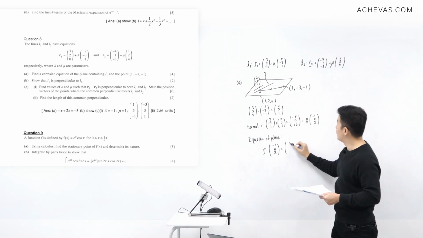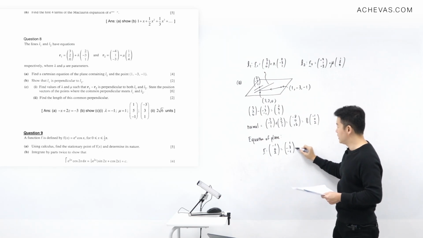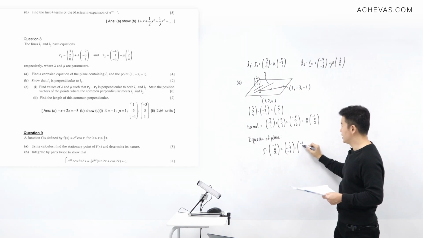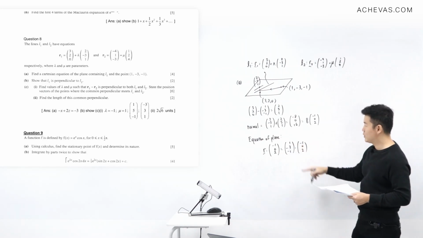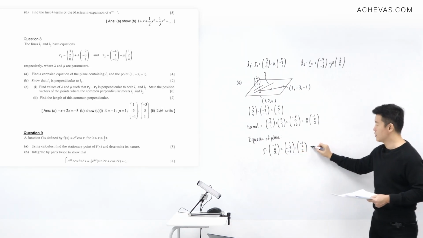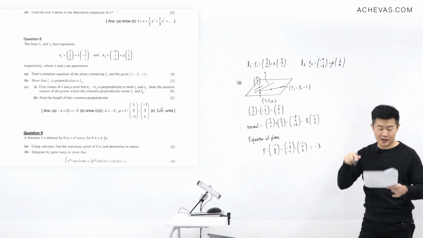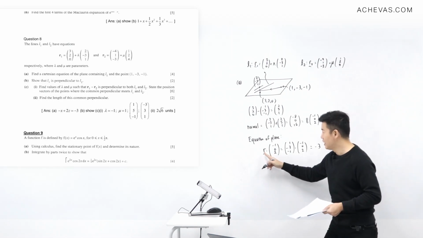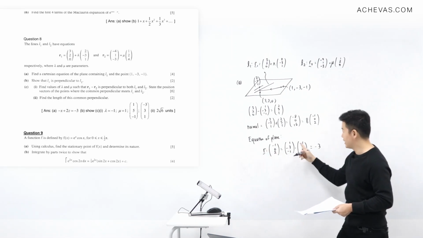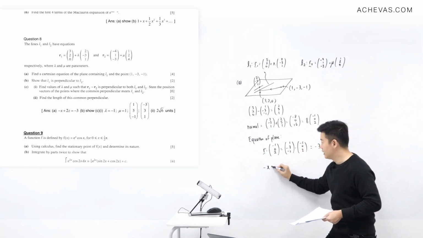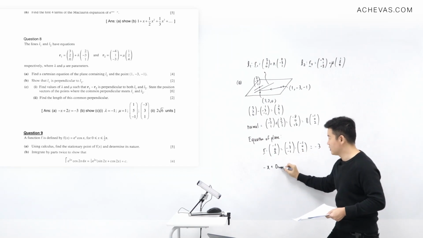So it will be (1, -3, -1) dot the normal (-1, 0, 2). We have -1 plus 0 minus 2. This is equal to -3. And replacing r by (x, y, z), we will be able to get the Cartesian equation. So replacing r by (x, y, z), x times this is going to be equal to this. Then plus 0 times this is going to be 0y.